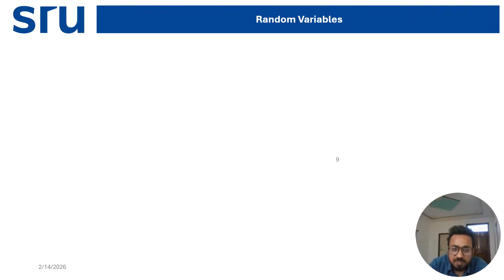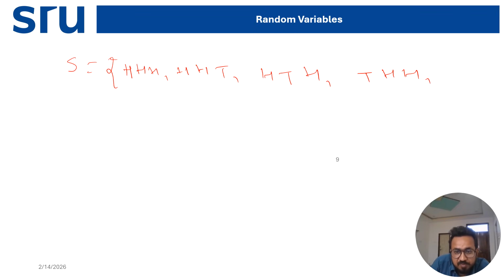Here the total possible outcomes for this random experiment, whenever we toss three coins simultaneously, will give the total sample space as: head, head, head; head, head, tail; head, tail, head; tail, head, head; tail, tail, head; tail, tail, head, head.